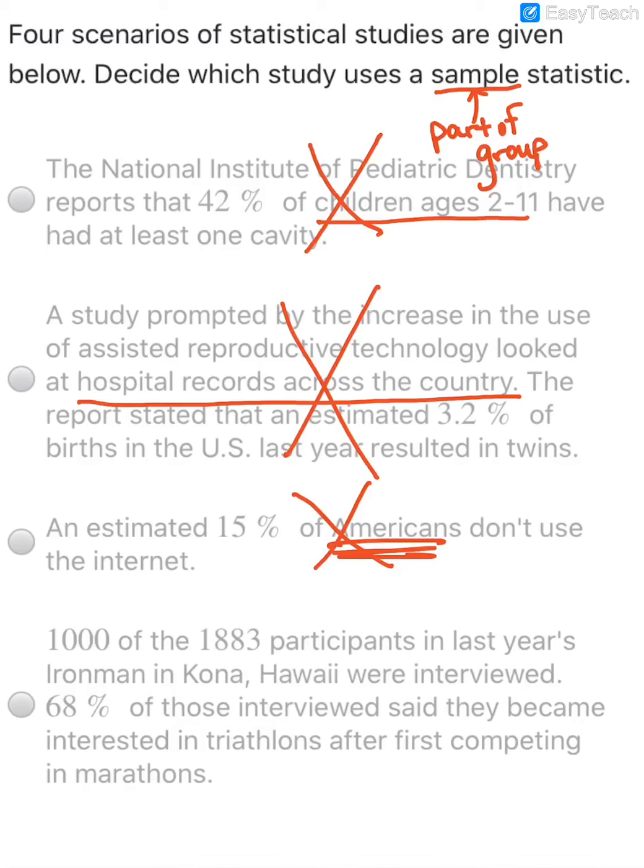And then finally, on the last one, if we're only going to look at 1,000 out of 1,883 participants, that is a sample. And out of those 1,000, 68% said they became interested in triathlons after first competing in a marathon. So there is your statistic based on a sample of 1,000 out of 1,883.